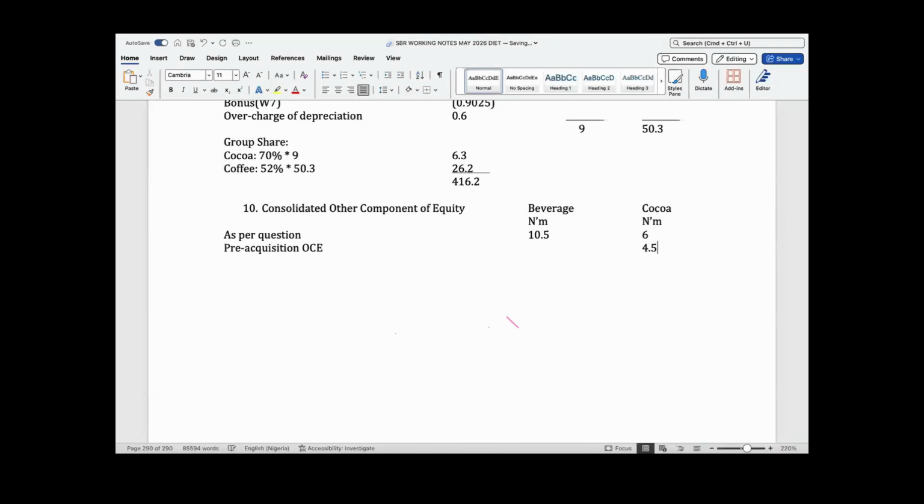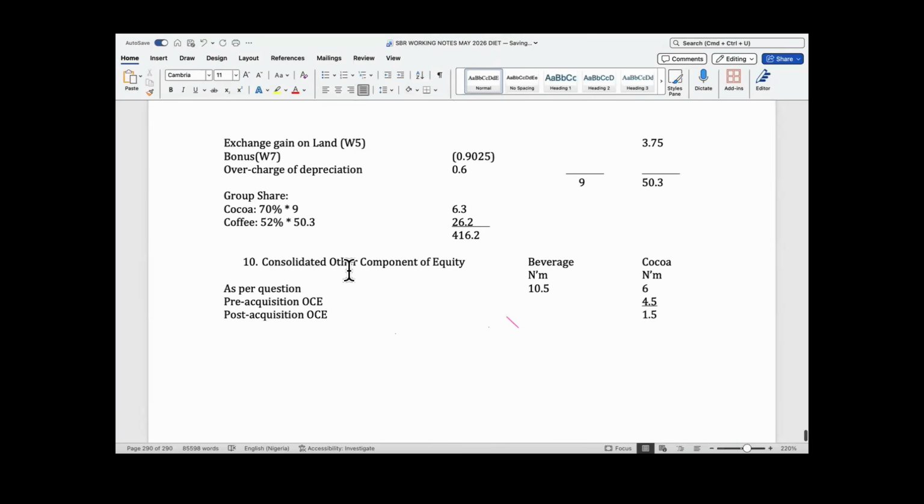So I have 4.5, then my post-acquisition other component of equity is 1.5.